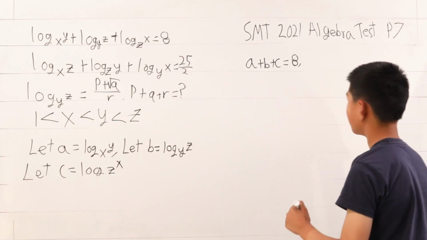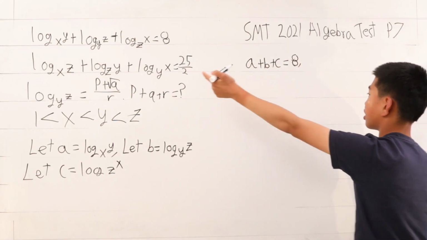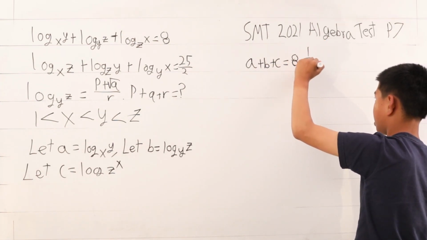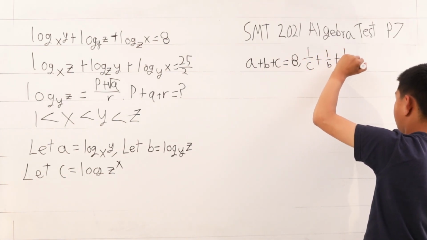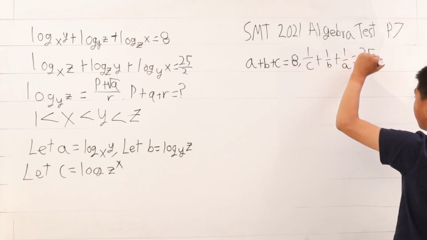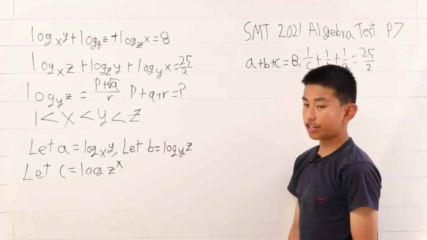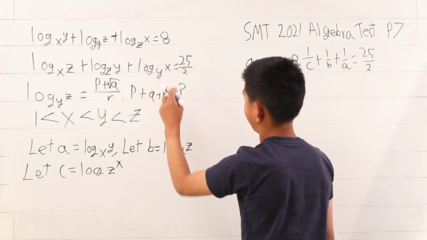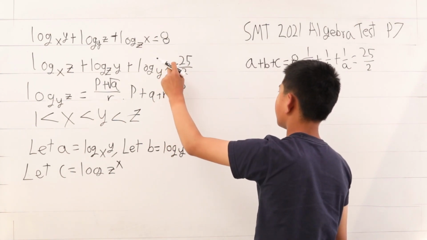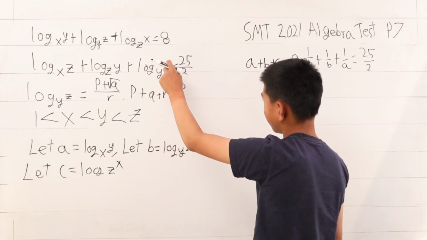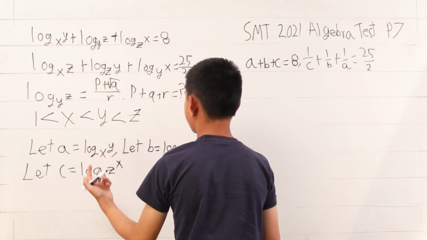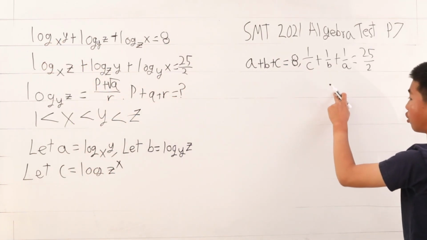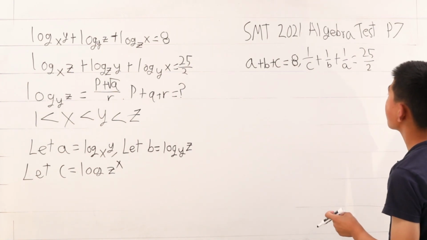By using formulas, the second line is 1 over c plus 1 over b plus 1 over a is 25 over 2. Because let's just take log base y of x. When you basically move these variables into the different spots, we get this, which is a, but it's 1 over a according to formulas.